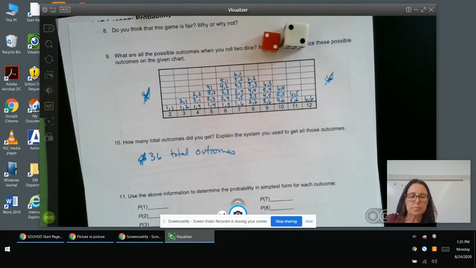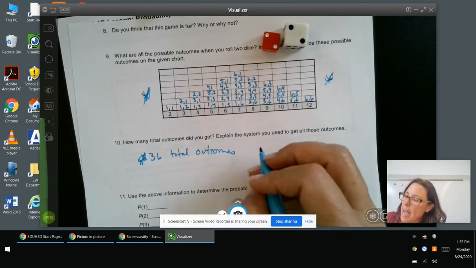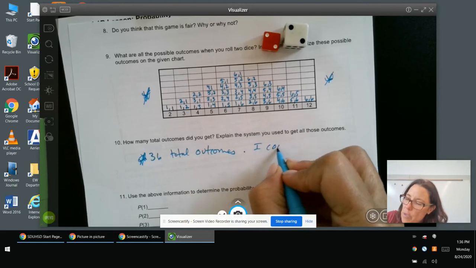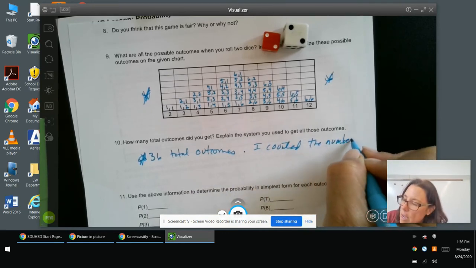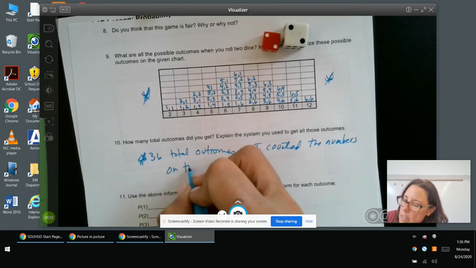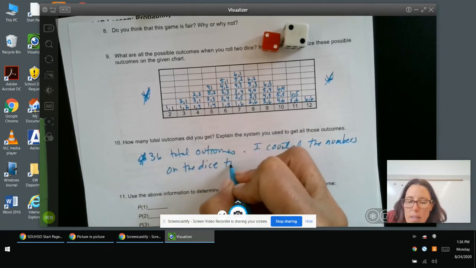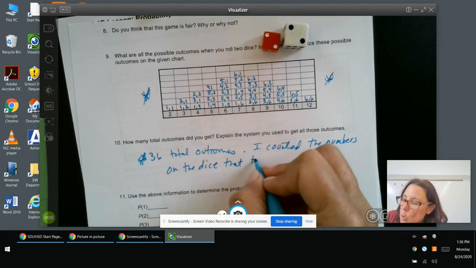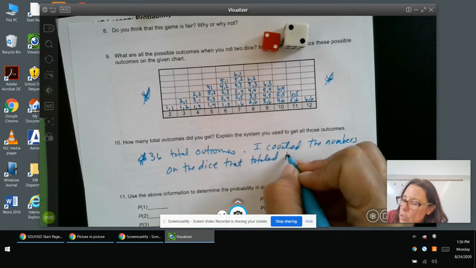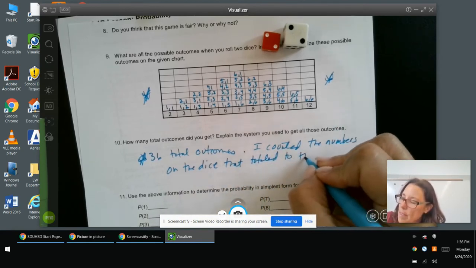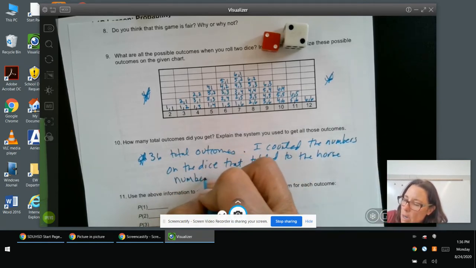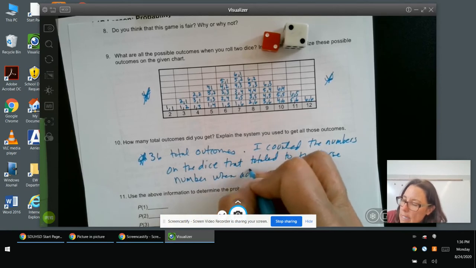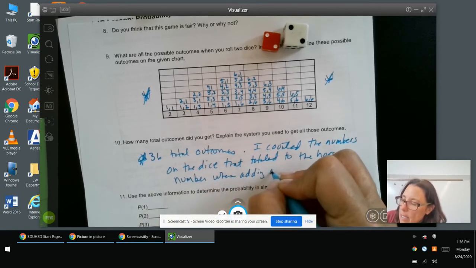So the system I did, I just counted the numbers on the dice that totaled to the horse number when adding them together.